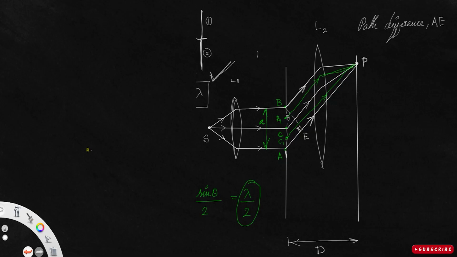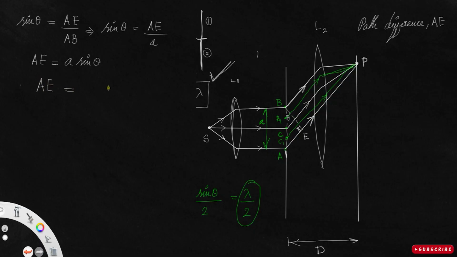Now what happens? Again, let me take this triangle BAE. Sin theta is actually AE divided by AB, and we know AB is A. So AE is equal to A sin theta. Now what happens if AE is 3 by 2 lambda?